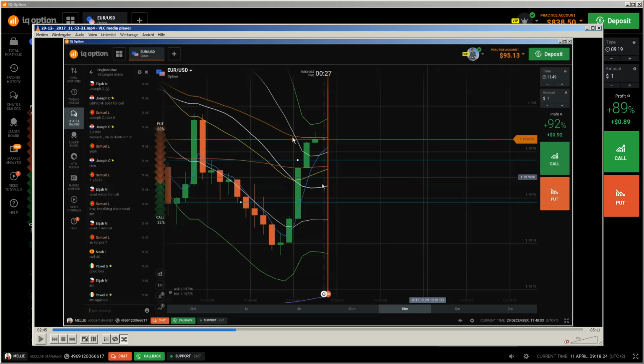That here is the resistance on which we trade, because it's so close to the crossing of this doji. It means it could be risky to wait for a rejection, because price could reject again and then you get out of the money. That is the reason why in such a scenario it's probably preferable to do a put, because you see this candle got rejected from the 50 EMA.